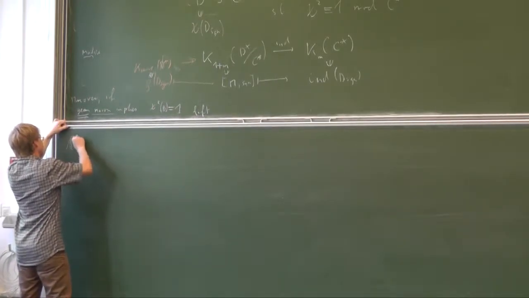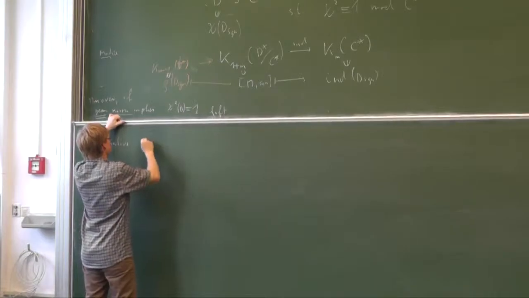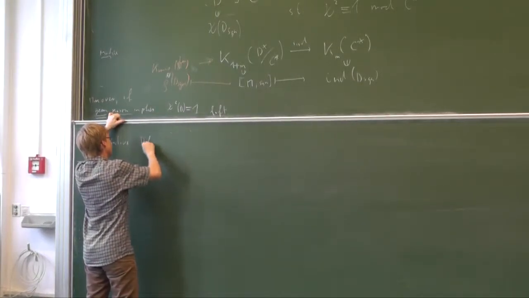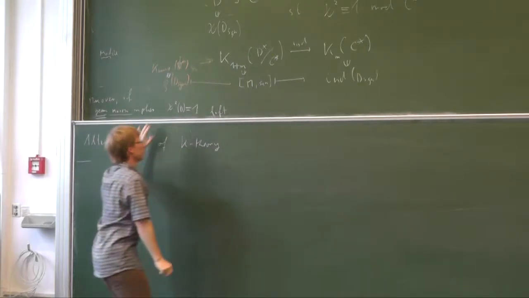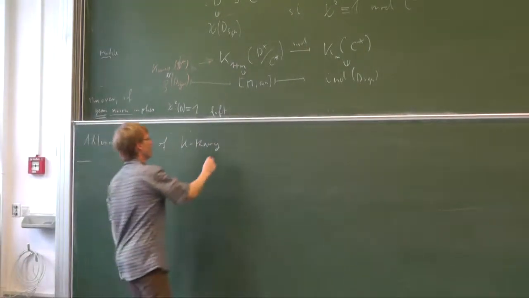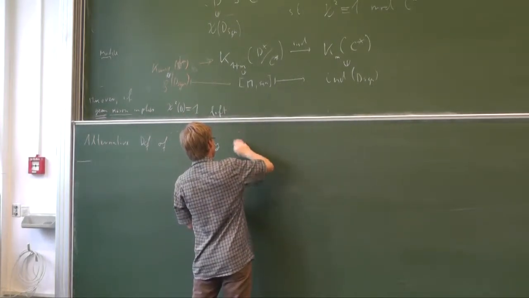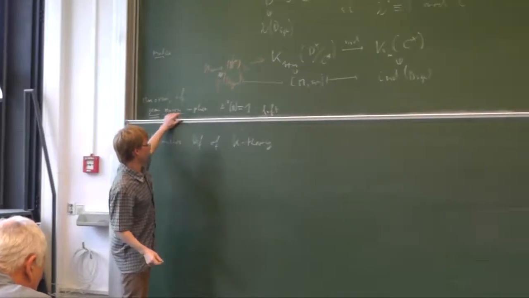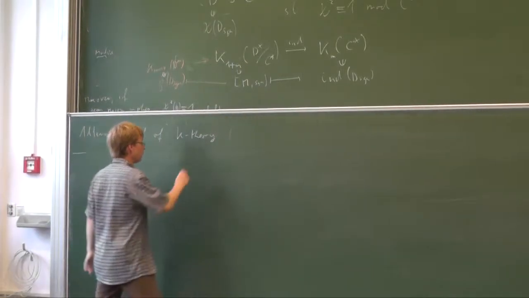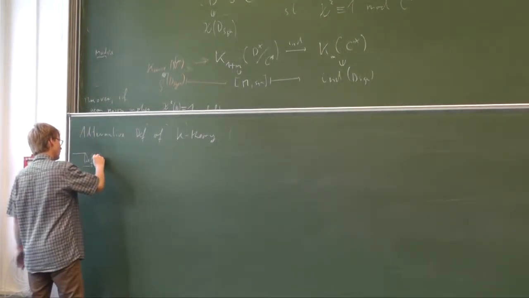So an alternative, and now a correct, full definition of K-theory, and actually we will produce a spectrum in the sense of homotopy theory separately. So for that we need an extra bit of information.